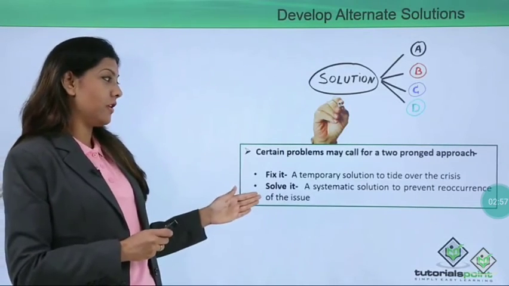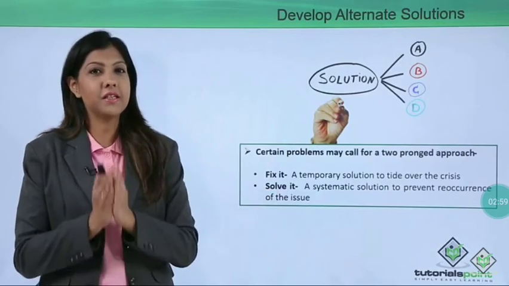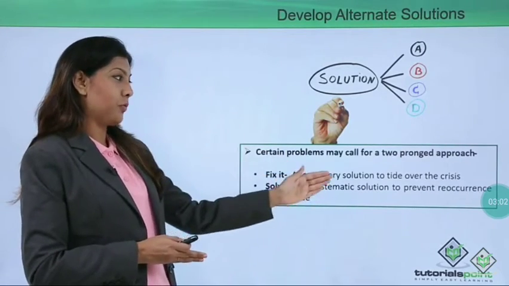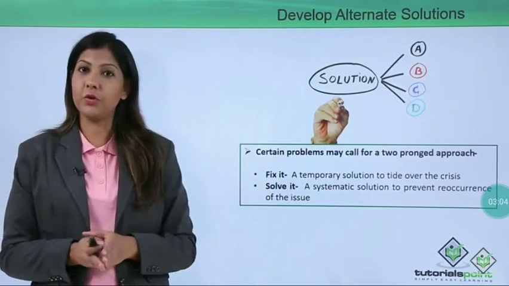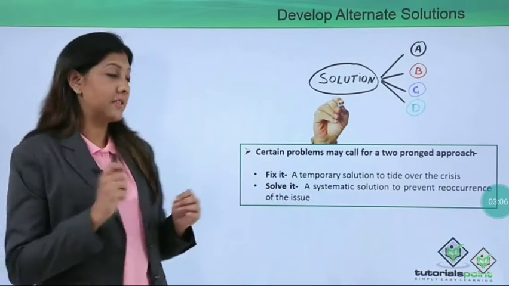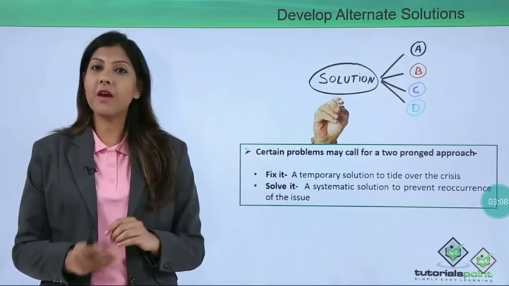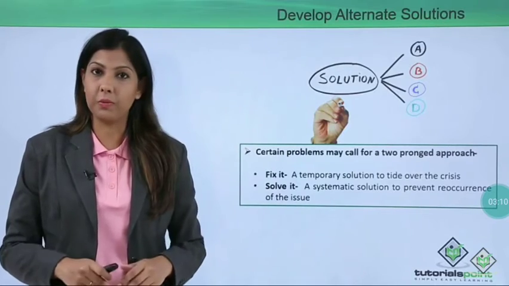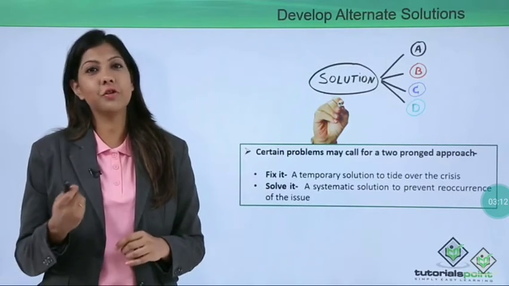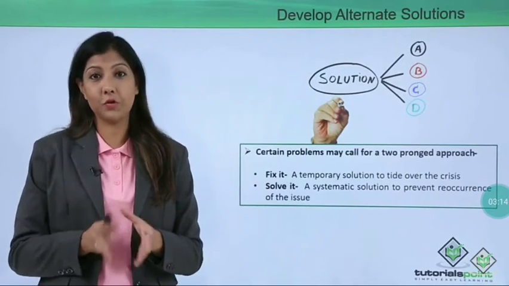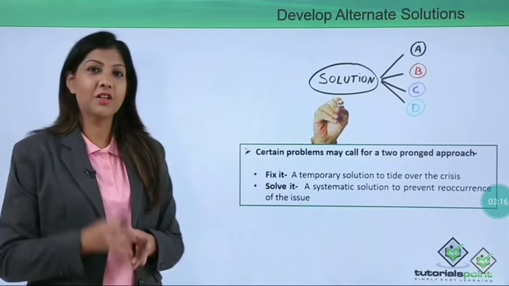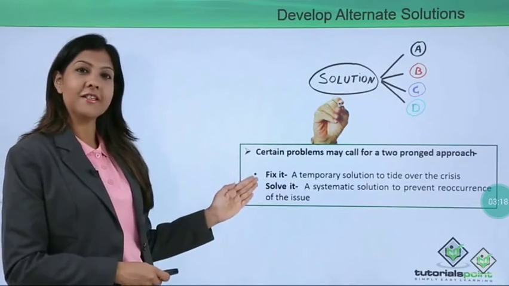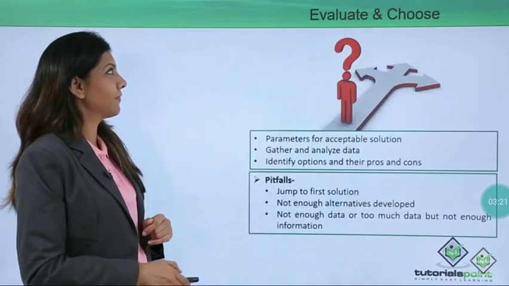And secondly, solve it. Solve it means a systematic way of trying to prevent recurrence of the issue. In the second option, you're trying to get to the root of the problem, to eradicate the root so as to give a solution to that particular problem. So these are the two approaches, fix it and solve it.